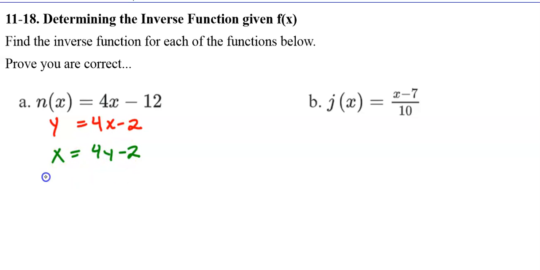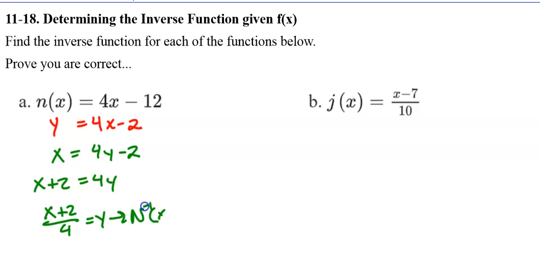And now we solve for y. So first thing we're going to do is add 2. So then we get x plus 2 is equal to 4y. And then we divide by the 4, so it divides out. And we get x plus 2 over 4 is equal to y. And that is our inverse function, n inverse of x.